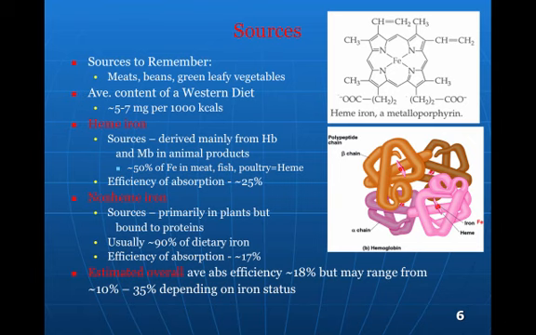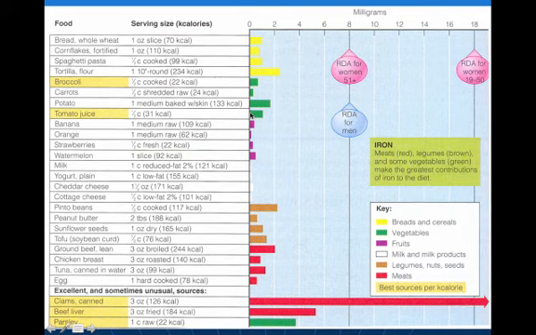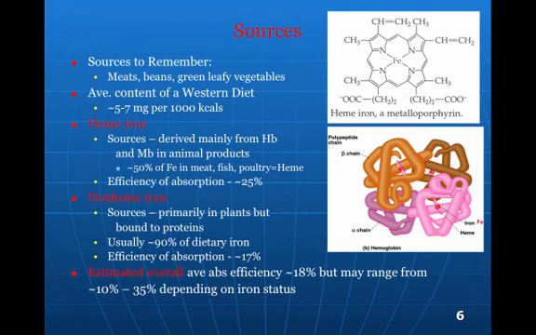A lot of them will consume around 2,000 calories a day. And if you look at that, that would put you at about 10 or 14 milligrams a day of iron. If you look at this, that puts us short of the RDA for most adult women. So without making a conscious effort to consume adequate amounts of iron, it's not easy. So it's pretty common for people to be consuming less iron than they need on a daily basis.